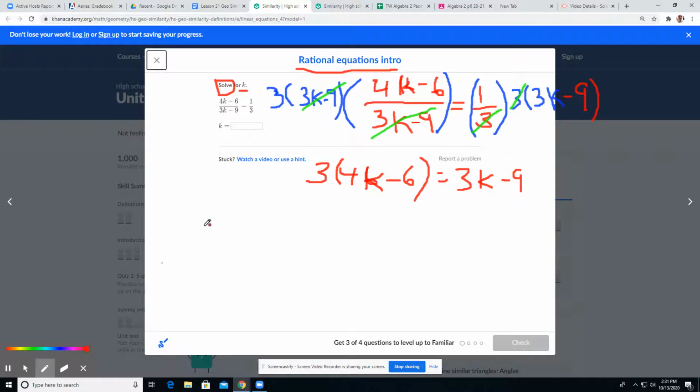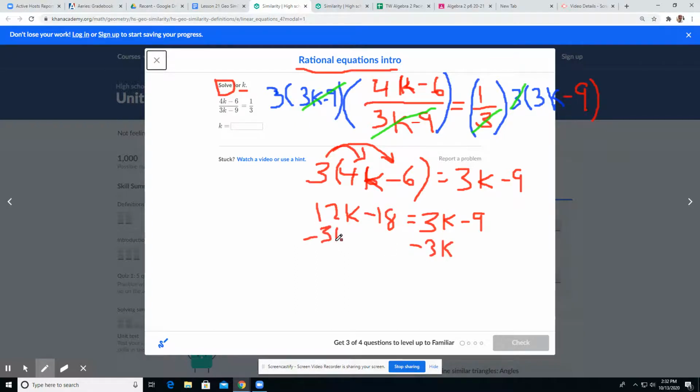Now we'll go ahead and just distribute. Multiply that through, so get rid of the parentheses. 12k minus 18 is equal to 3k minus 9. Let's now move all of our k's to one side, all of our numbers to the other side. Remember, try to keep k positive if possible. So I'm going to subtract 3k from both sides.